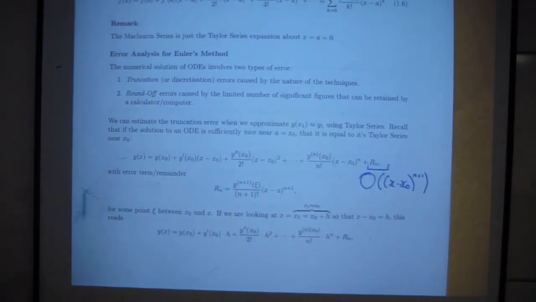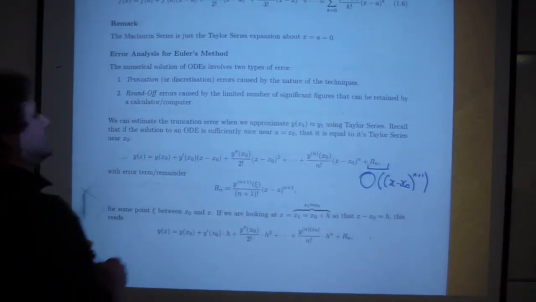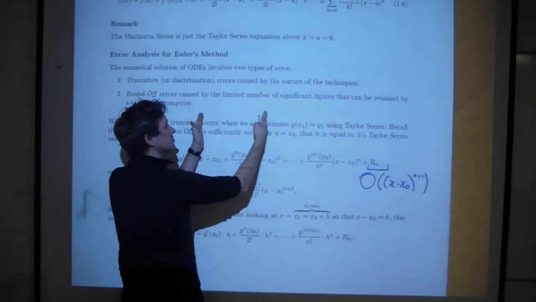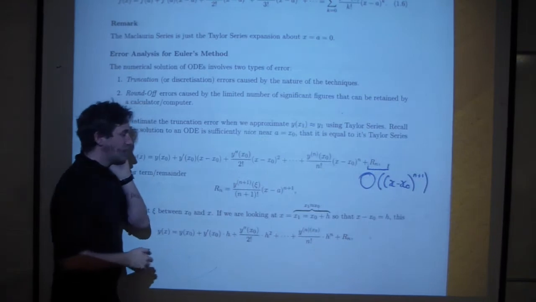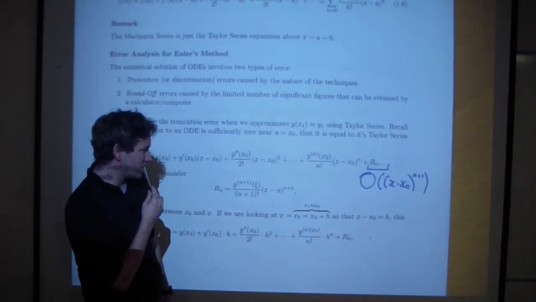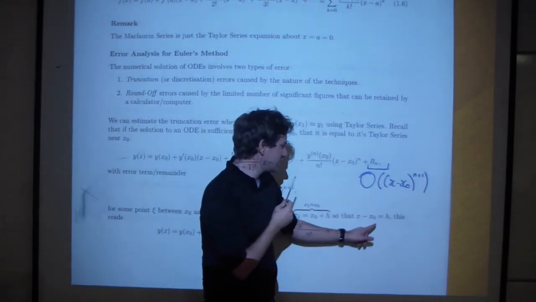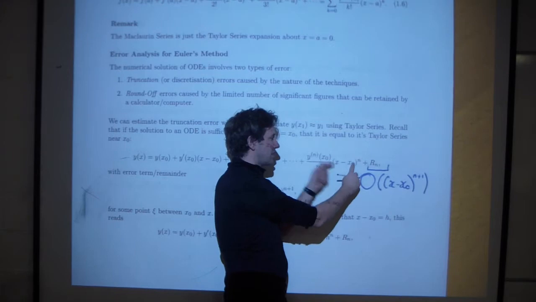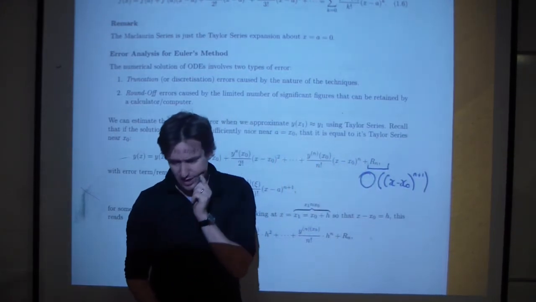If you are thinking now of Euler's method, where you're starting at x0 and you're going to x0 plus h, the x we're interested in is x0 plus h, and so what we're looking at is x1 minus x0. This is the difference between where you're going to and where you started. This is actually equal to h.